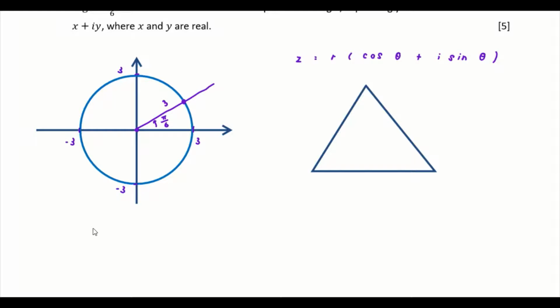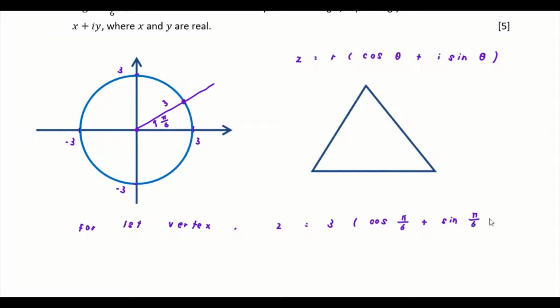So we just substitute. For the first vertex, we already have z equal to, r is 3, so cos of the argument that we can see here, π/6, plus i sin π/6.